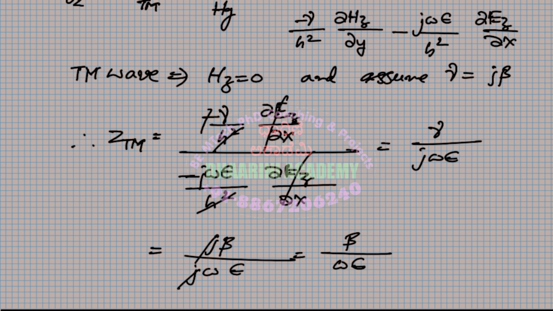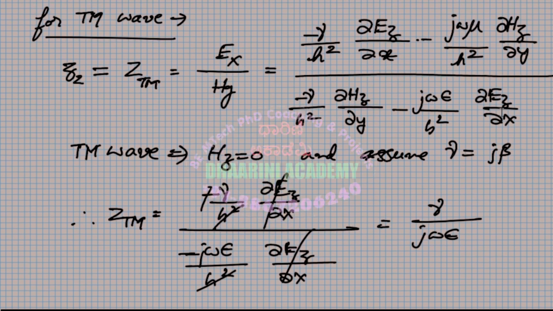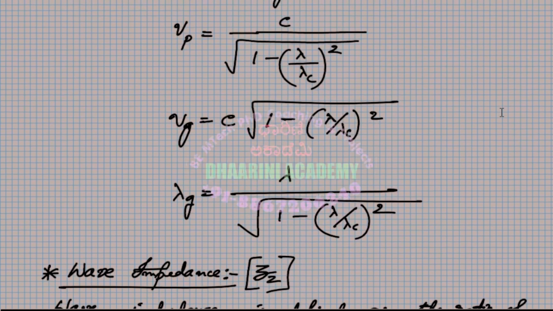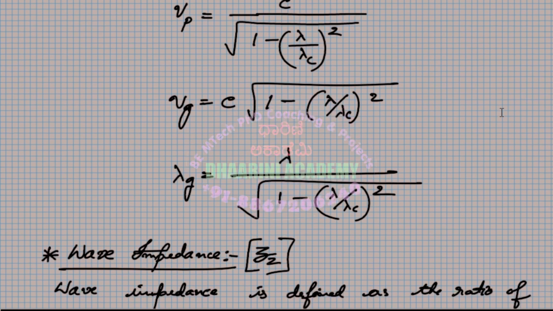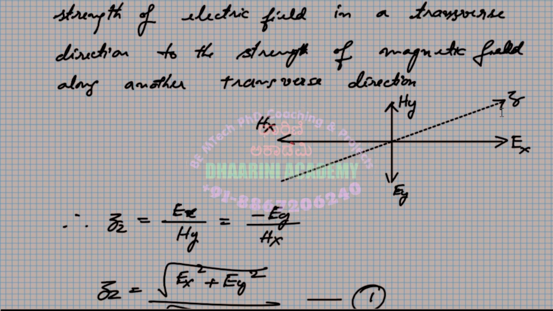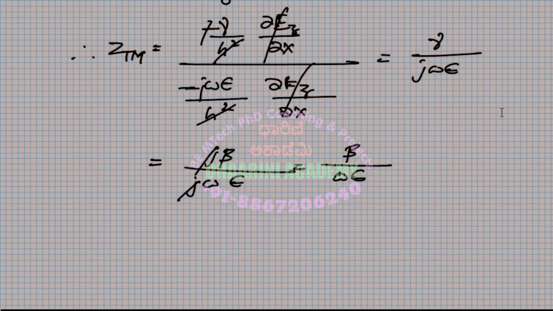Now I have written one equation for beta in the previous set of equations. Let me quickly show you that. Among the various equations, you can see that beta has an equation, and I'll use the second one, root of omega square minus. Let me substitute that over here for beta.